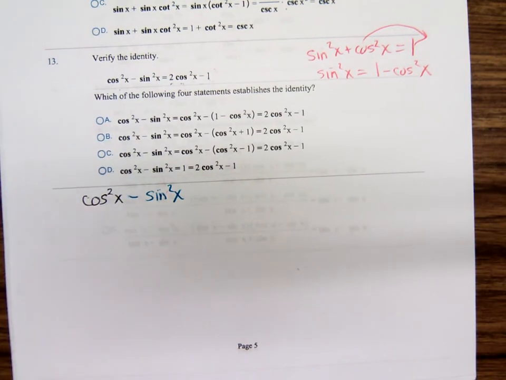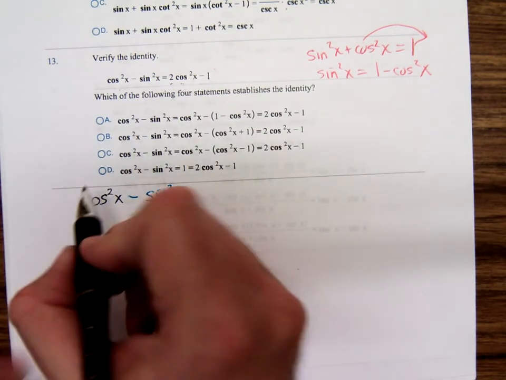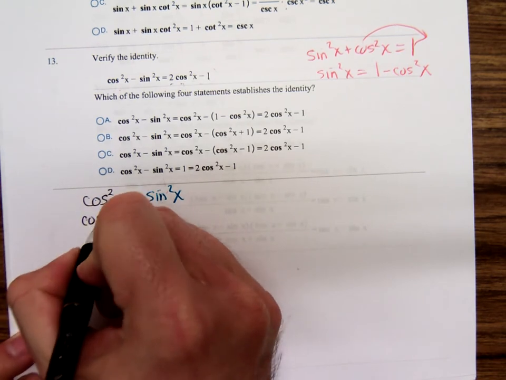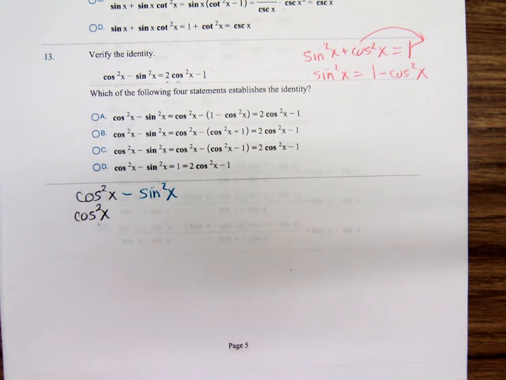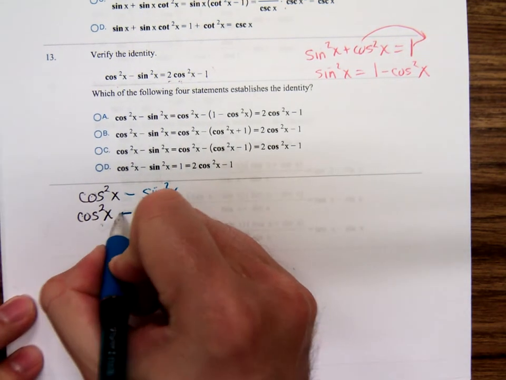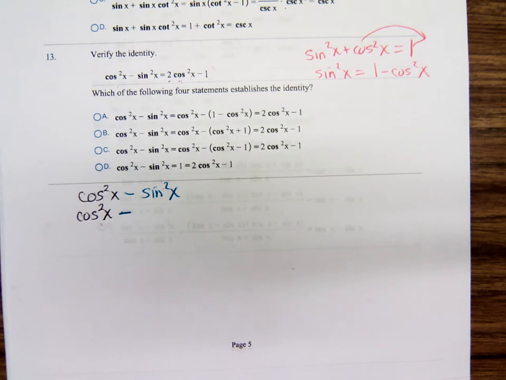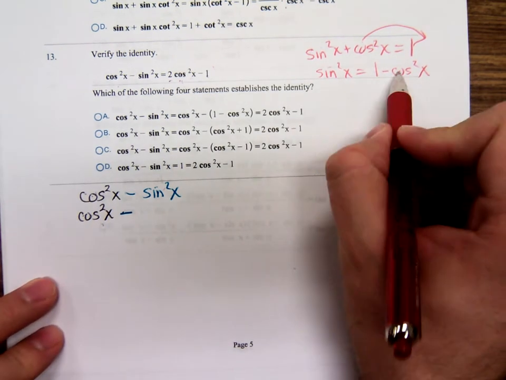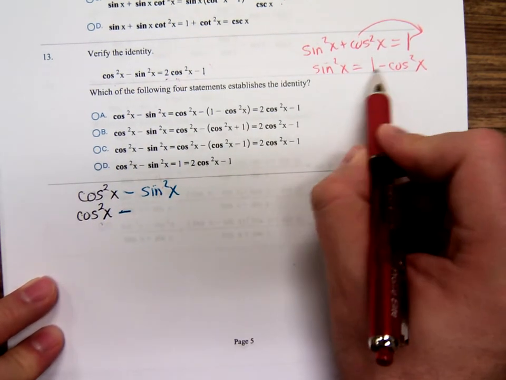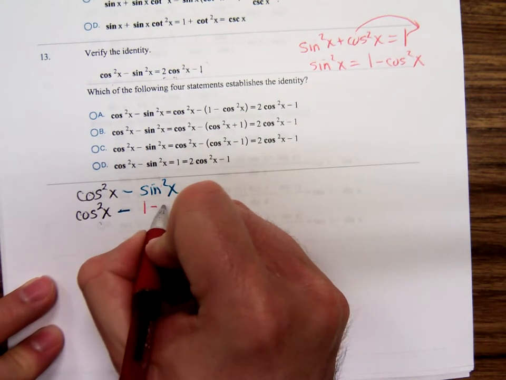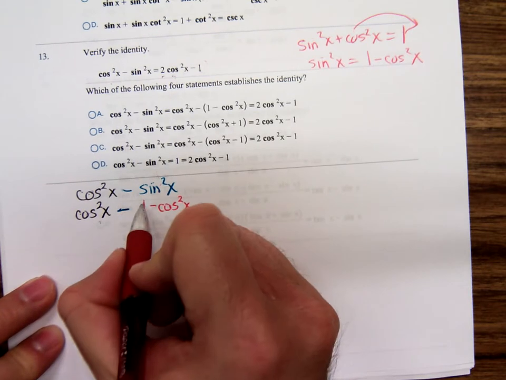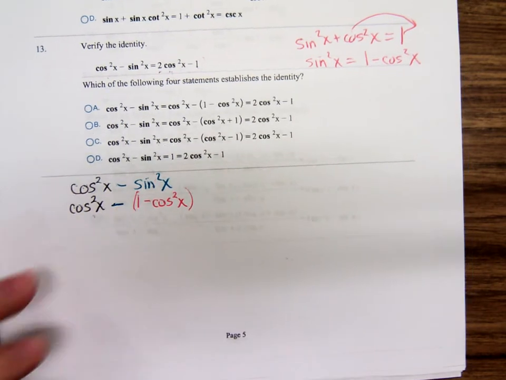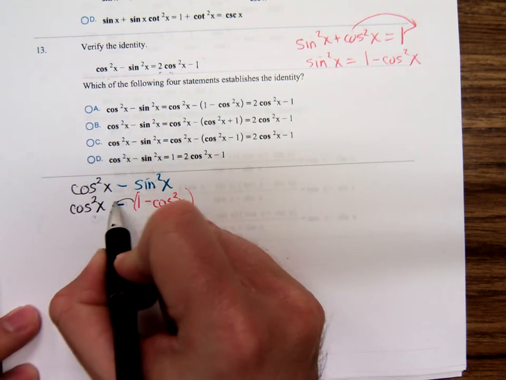So if I recopy cosine squared x, then I have this minus. In place of this sine squared x, I'm going to put 1 minus cosine squared x. But you've got to be careful. This blue minus here should apply to all of that. So what am I trying to say I need to do? I need to distribute that minus.